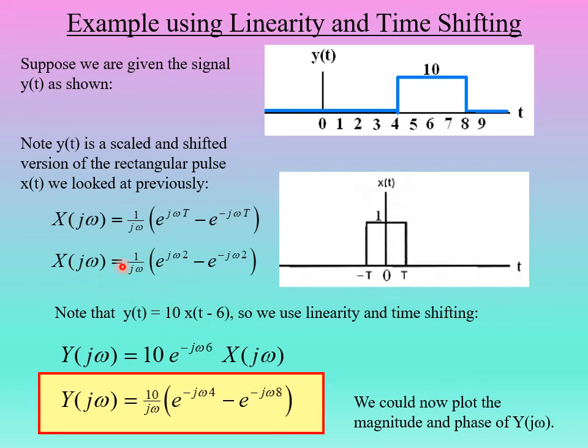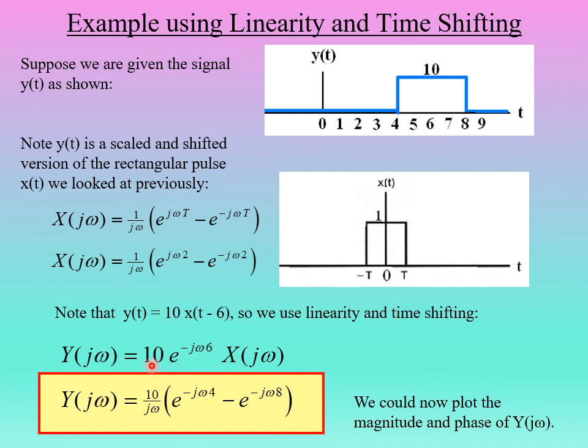So this x of j omega, which corresponds to this guy here, we have to multiply it by 10 to make this 1 turn into a 10. And we have to multiply the whole thing by e to the minus j omega 6, because that is the time shift of 6 seconds to move it from here at 0 over to here at 6.